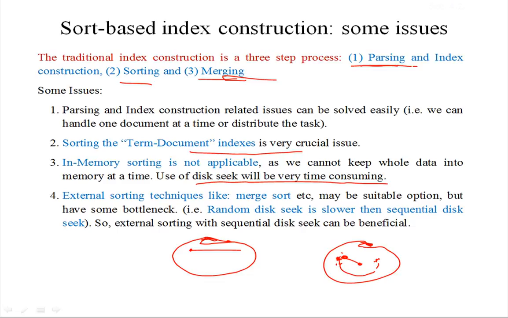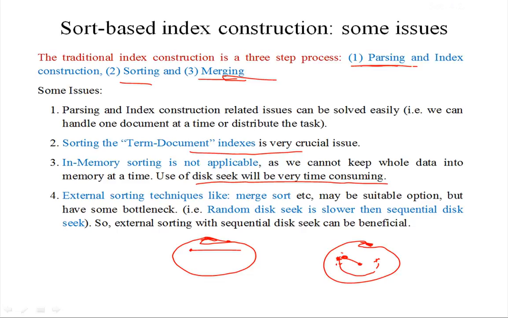So it will be very time consuming, and if there are several such operations for sorting, then the system will start paging and it will take a lot of time.